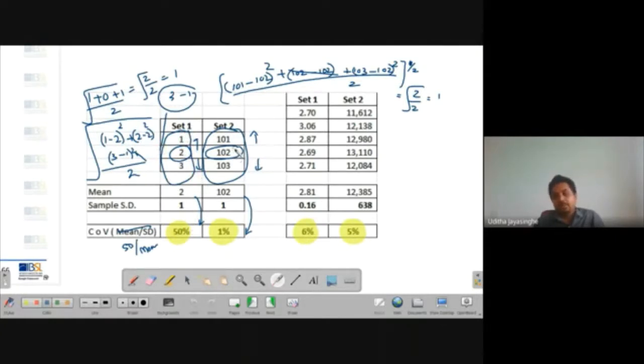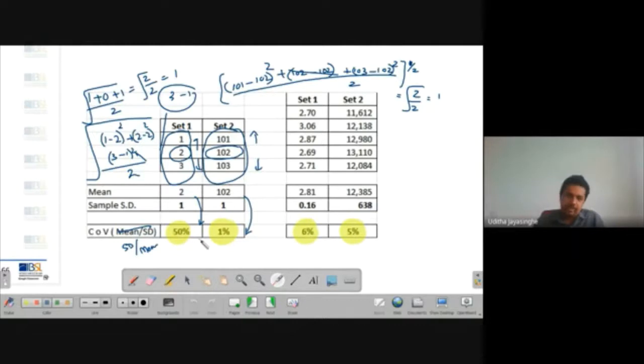But look at 100, 200, 3 and 101, it is just nearly 1% deviation. So despite the fact that you get the same sample standard deviation, you can't really say that these distributions have less variability or more variability.